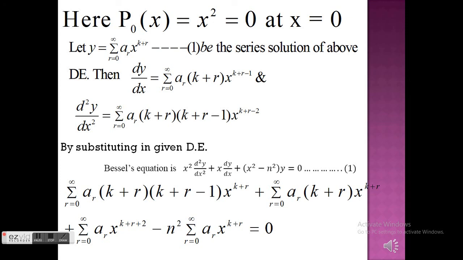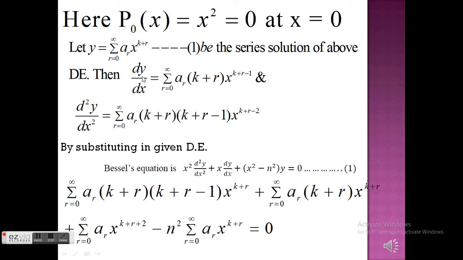Now let me differentiate equation 1. Differentiating equation 1 with respect to x, dy by dx is equal to summation r equal to 0 to infinity a r as it is; the differentiation of x to the power k plus r is k plus r into x to the power k plus r minus 1.